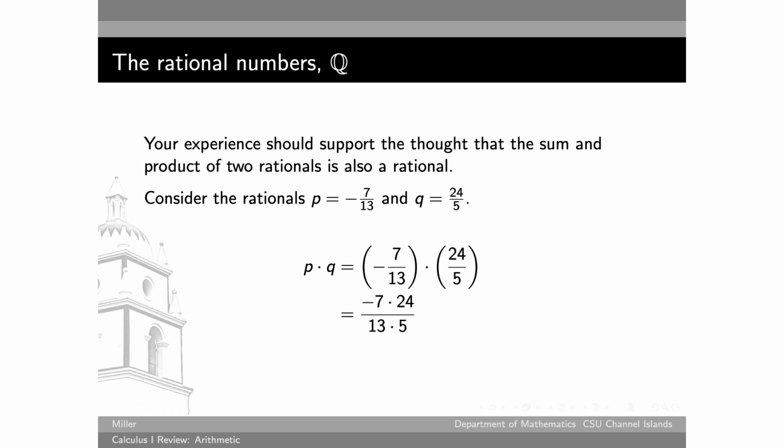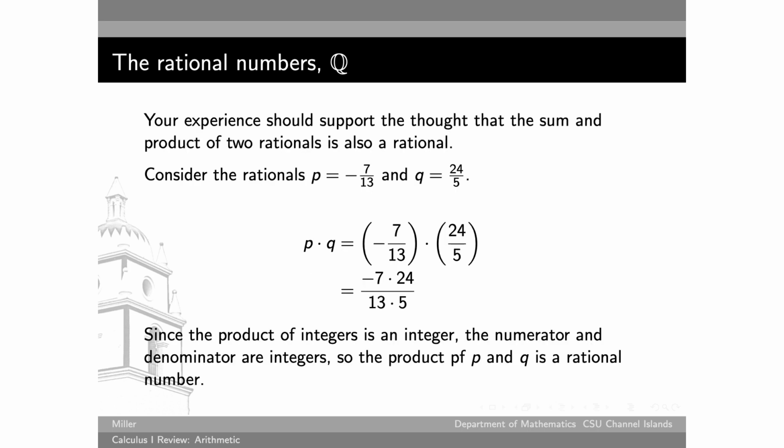So when you multiply 2 rational numbers, you take their numerators and multiply them, and you divide them by the product of their denominators. So multiplying that out, we'll get negative 168 over 65.